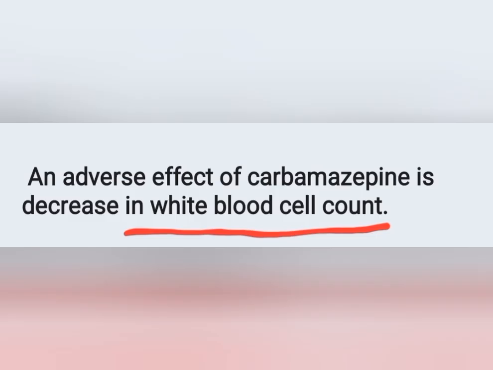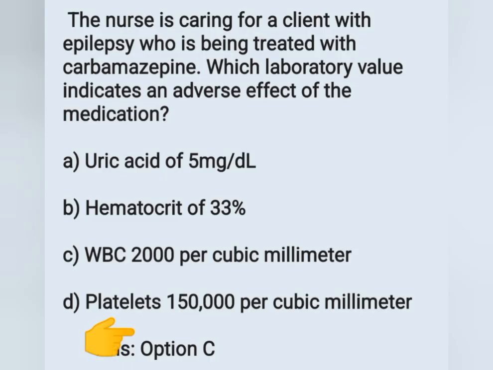Here we can see an adverse effect of carbamazepine is decrease in WBC count. In our options, WBC is 2000. So one of the side effects is decreased WBC count. So the correct answer is option C, WBC 2000 per cubic millimeter.